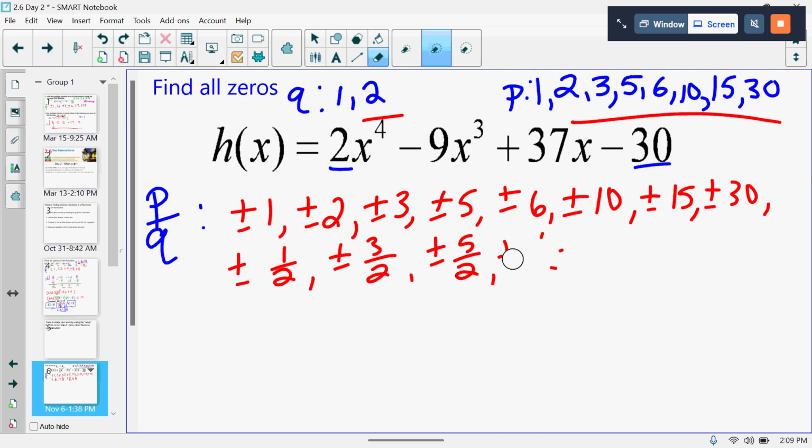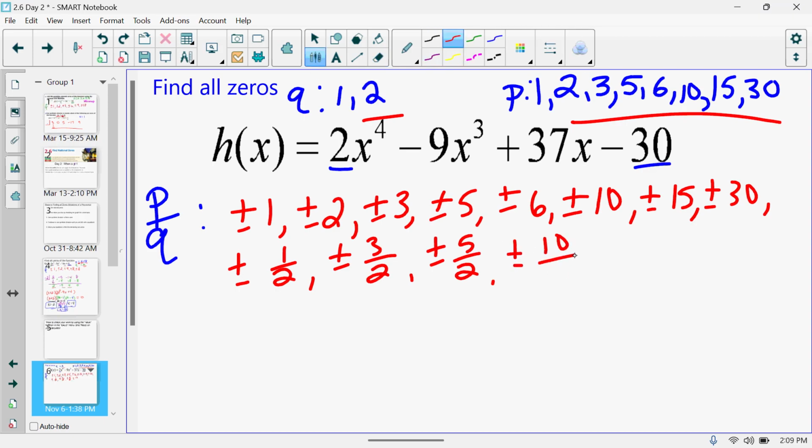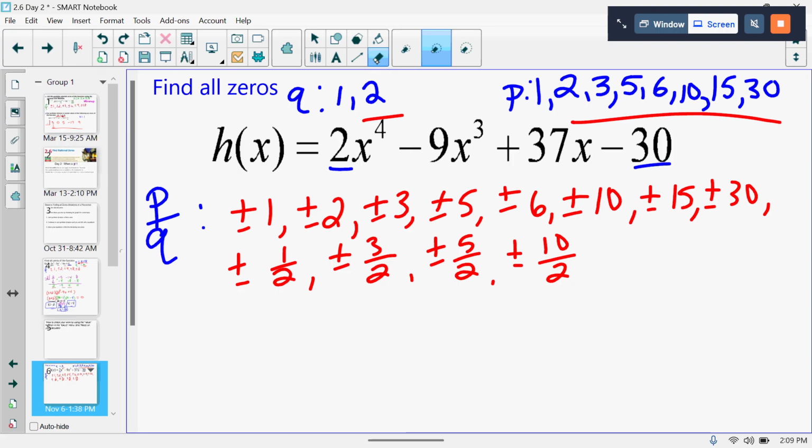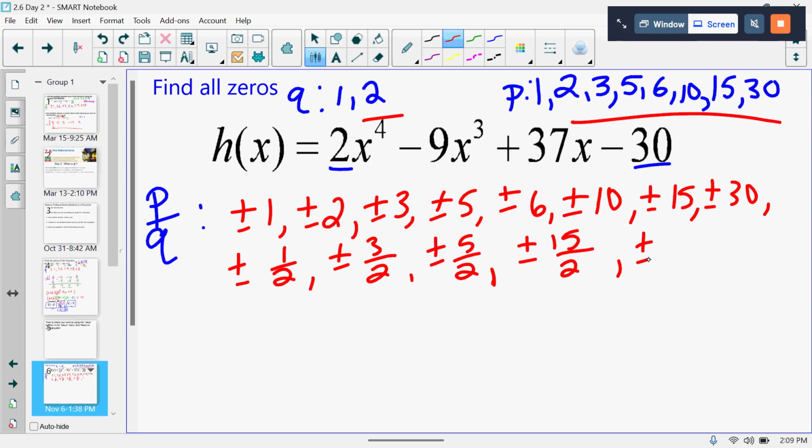That's already in our list. Positive or negative 10 over 2. That equals 5. That's already in our list. Positive or negative 15 over 2. And then positive or negative 30 over 2, but you can use your calculator if you need to. 30 divided by 2 is 15. That's already in our list.